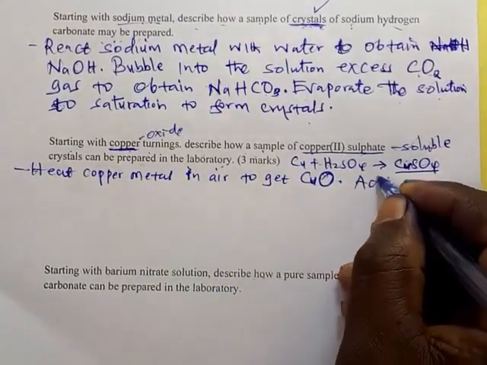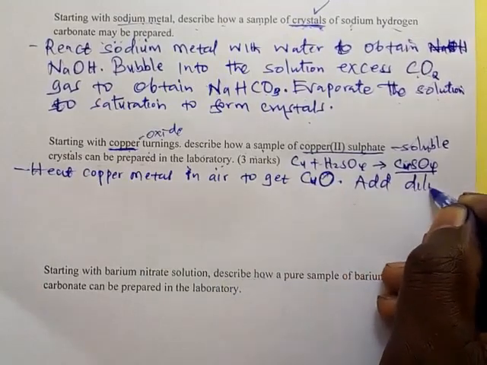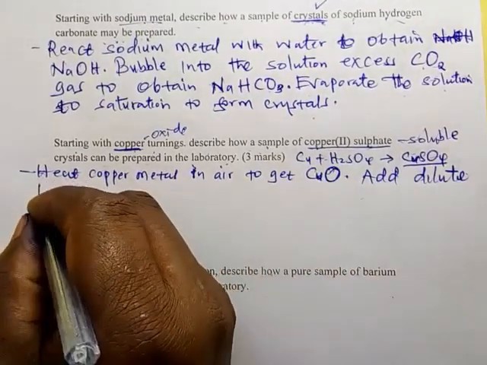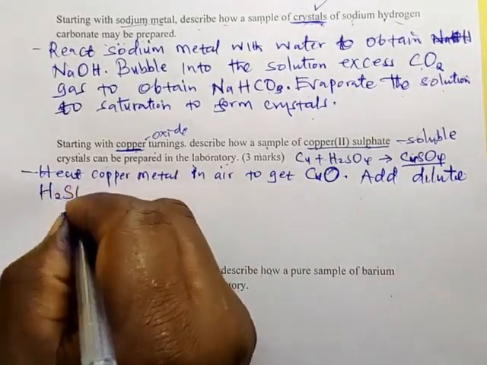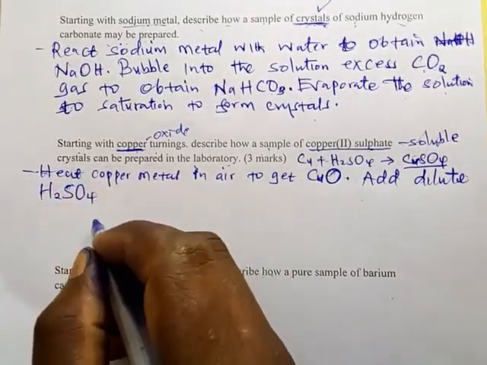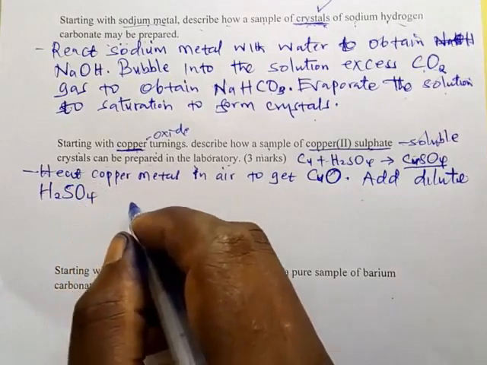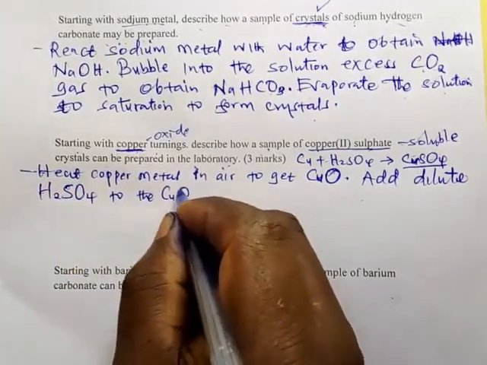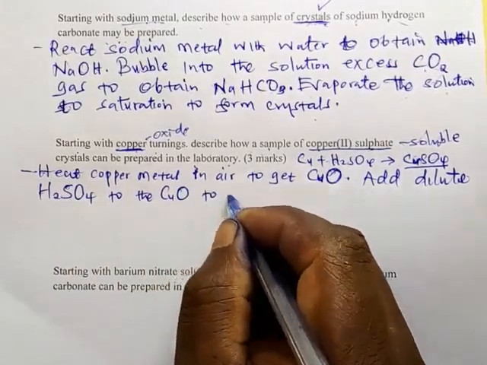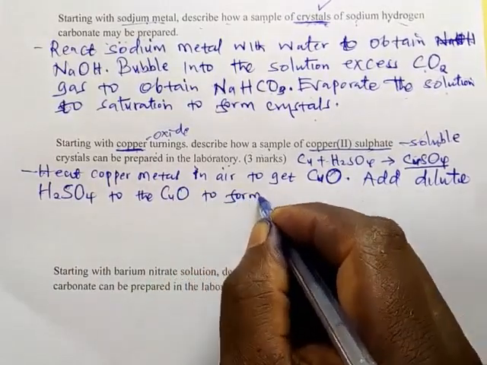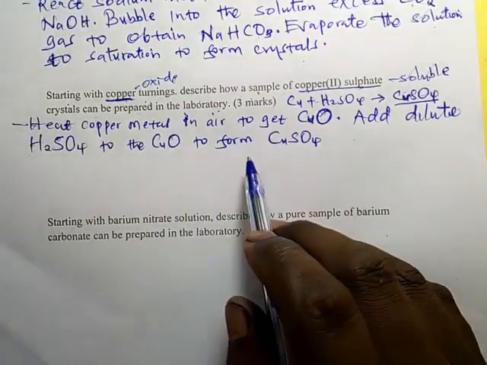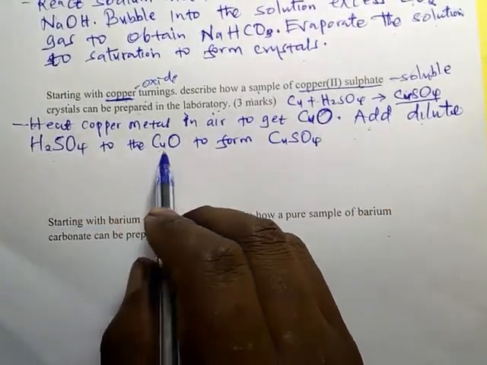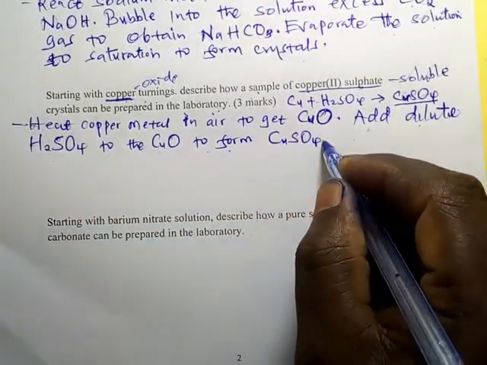Now then you add dilute sulfuric acid to the copper(II) oxide to form copper(II) sulfate.